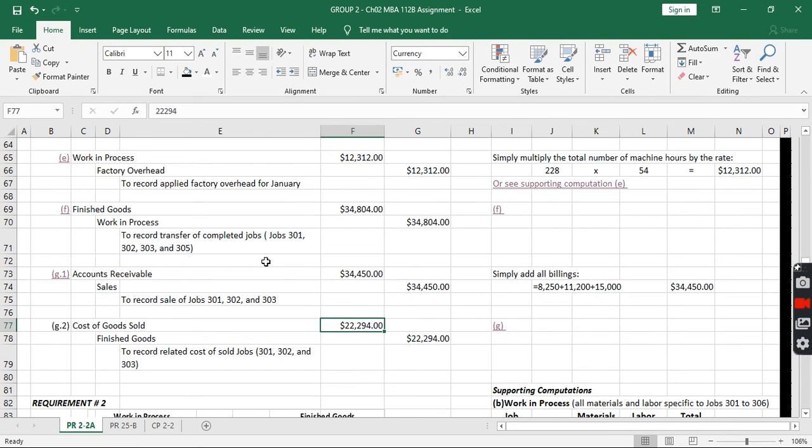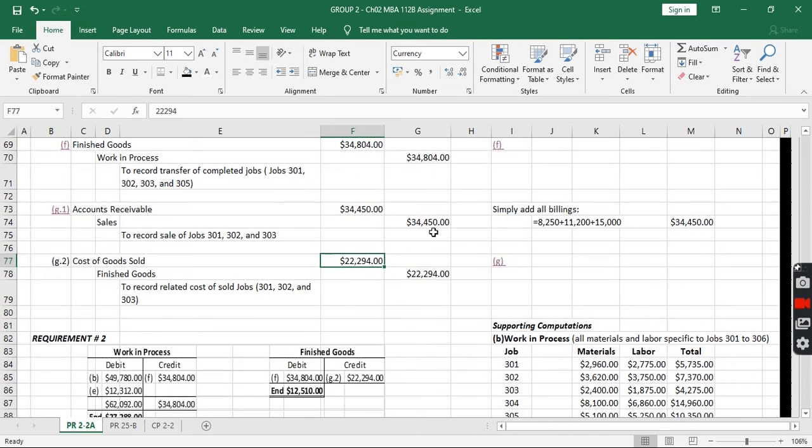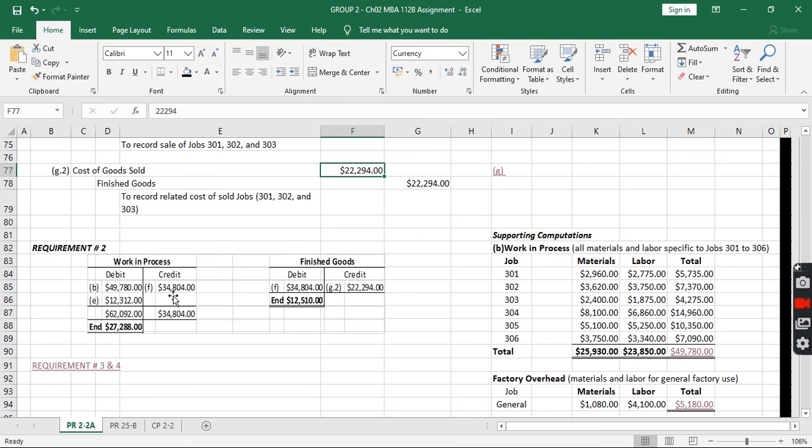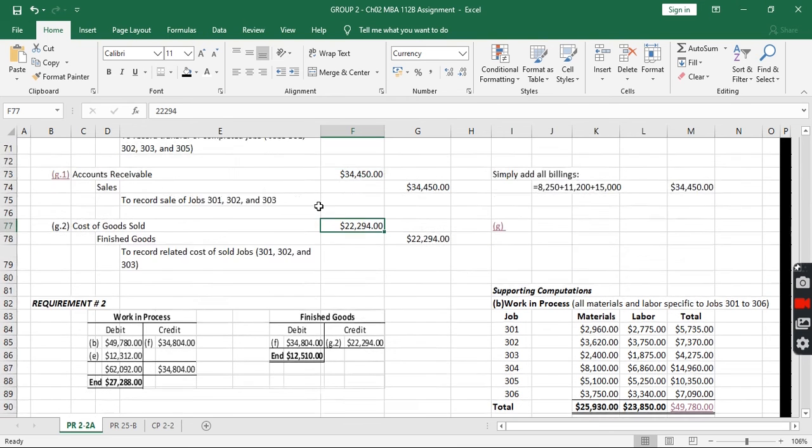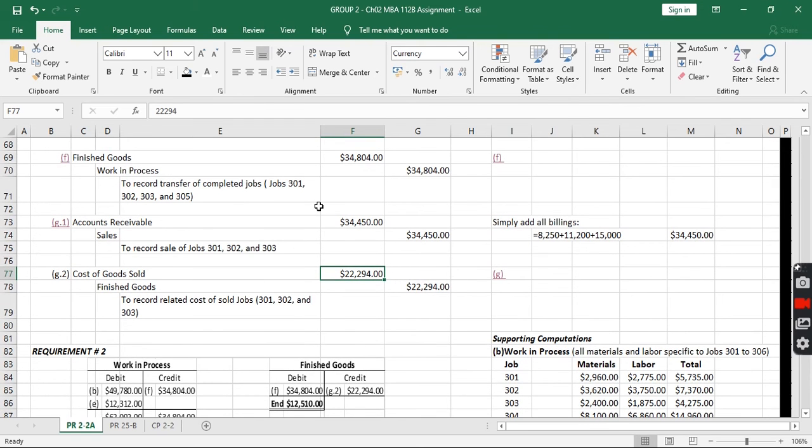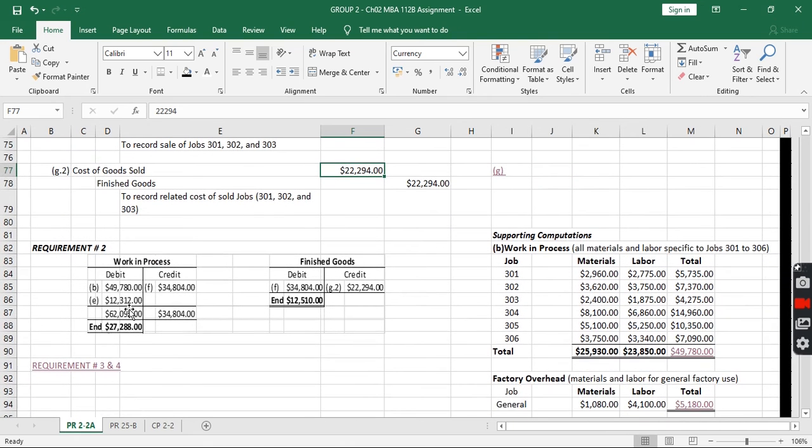And then for transaction F, this pertains to the completed jobs. So credit to work in process amounting to 34,804. So we post that to our T account for work in process. We have 34,804 credit. Now let's see if we have some more items. For transaction G, no more entries to our work in process. So we simply add our debits and our credit.